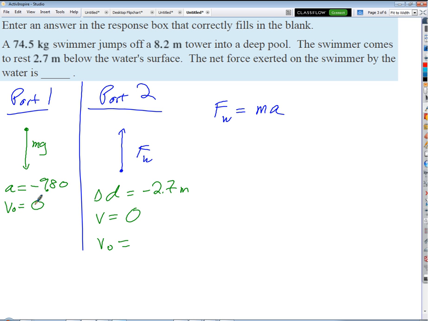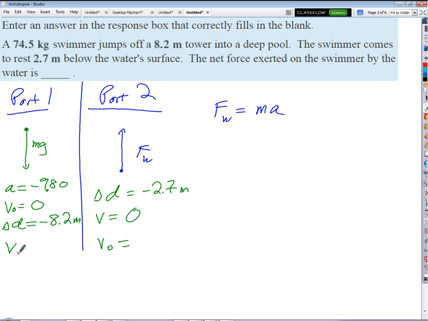How far did he move during part 1? It'd be negative, because he's going down. So we could say delta d equals negative 8.2 meters, and we're trying to find V final. Agreed?